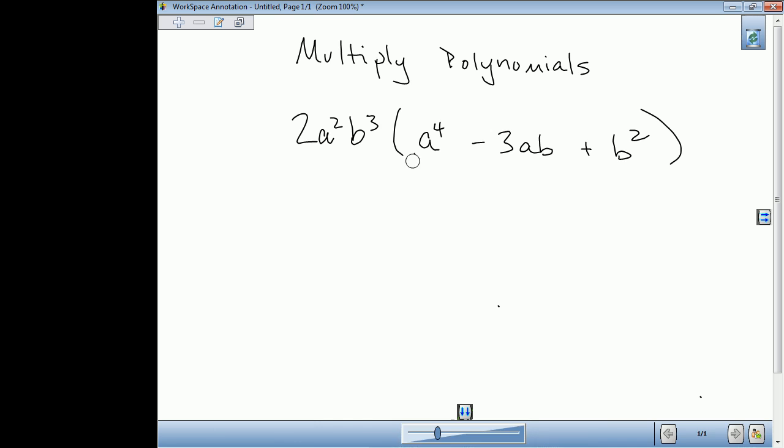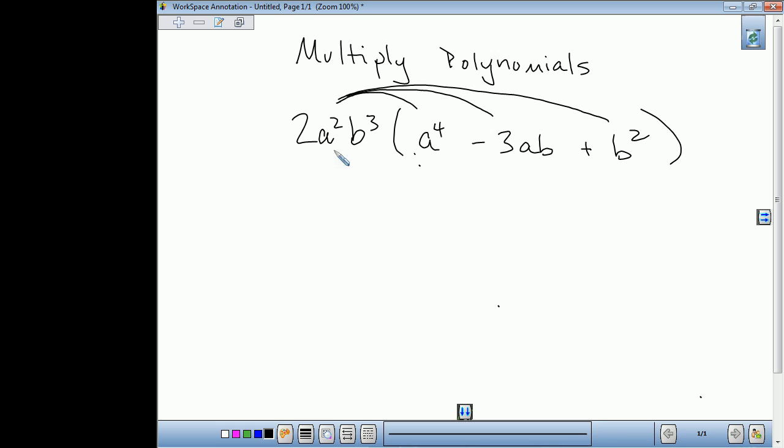Okay, so when we did a monomial through a polynomial, we just distribute. So when we do a squared times a, what do we do with the exponents when we multiply like bases? Add them. So 2 plus 4 is 6.